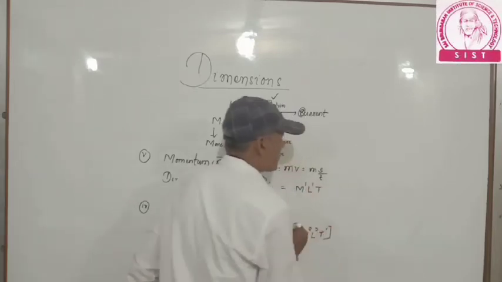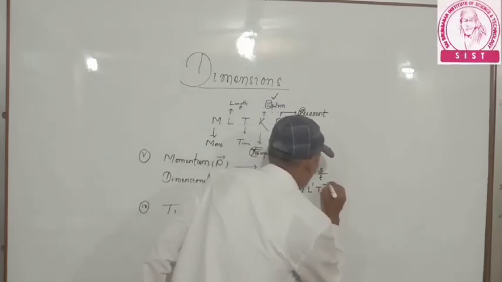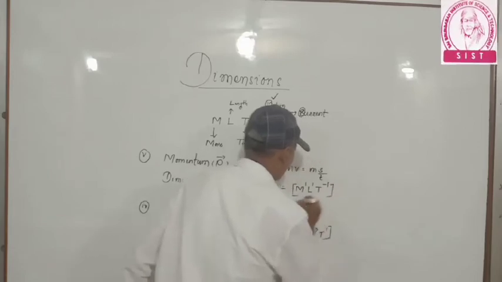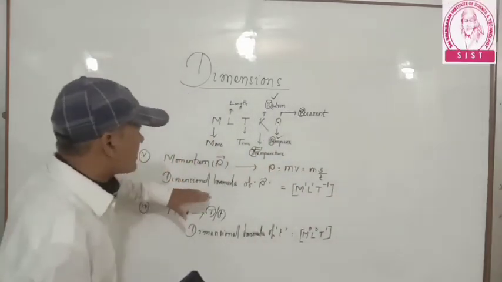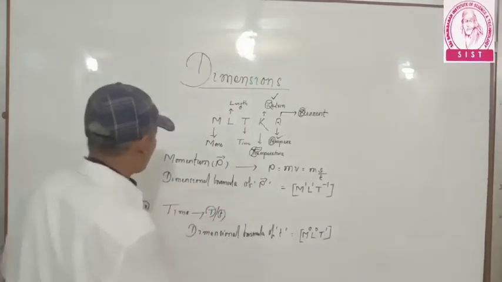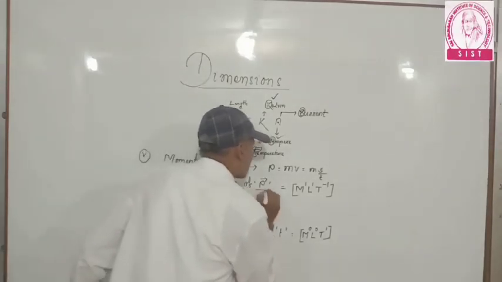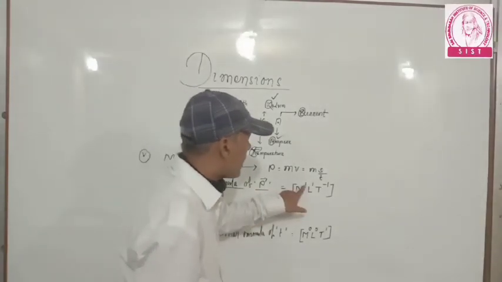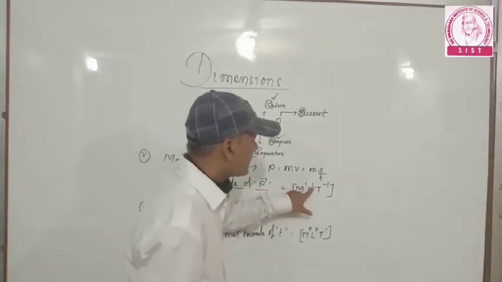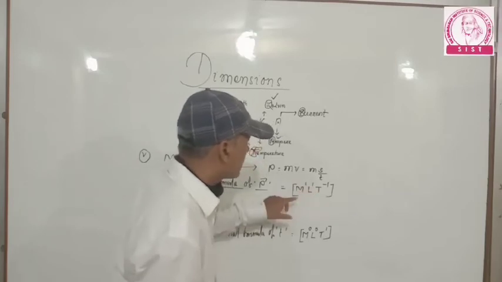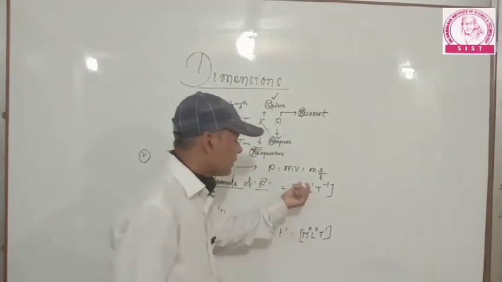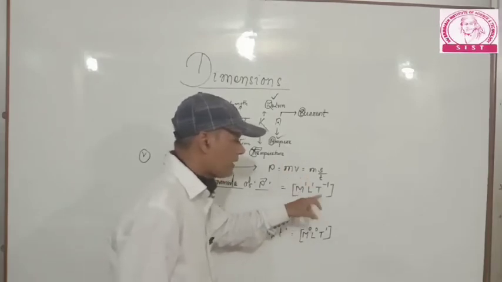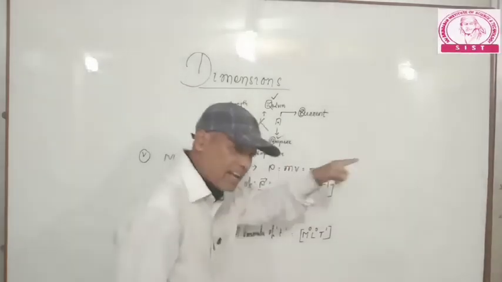What is the power of T? T to the power minus 1. This is the dimensional formula of momentum. So what is the dimensions? Dimensions of P is 1, 1, minus 1. You just write the power to which M, L, T are raised.